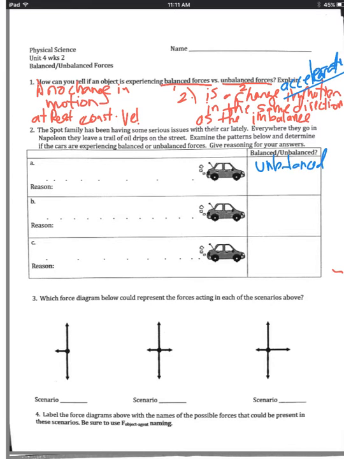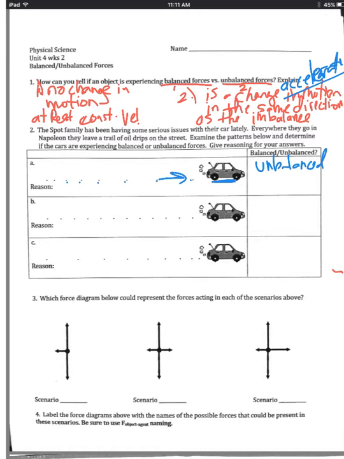What do the oil drips show us? They're getting further apart. When the oil drips are getting further apart, that means that the Spot family here is not traveling with a constant speed. That means they're getting further in the same amount of time as the drips fall.